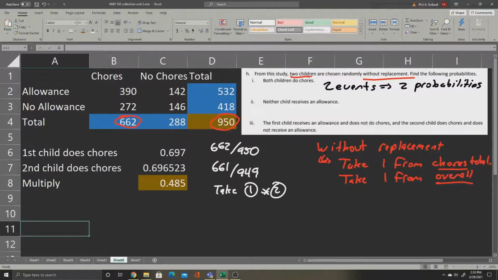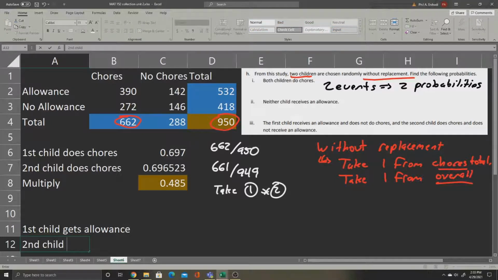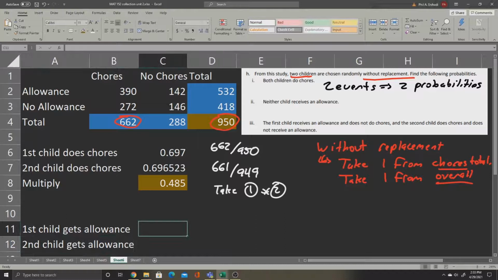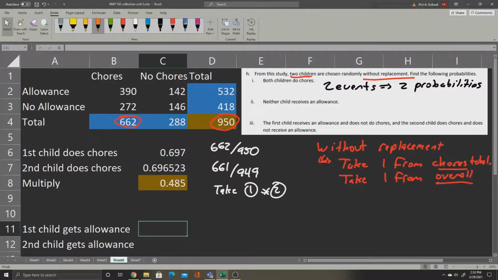We'll have to deal with two events. The first event is that the first child gets an allowance. And we'll look at a second child getting allowance. So let's look at the category total for allowance. We can see that there are 532 children who do get allowance, out of a total of 950.